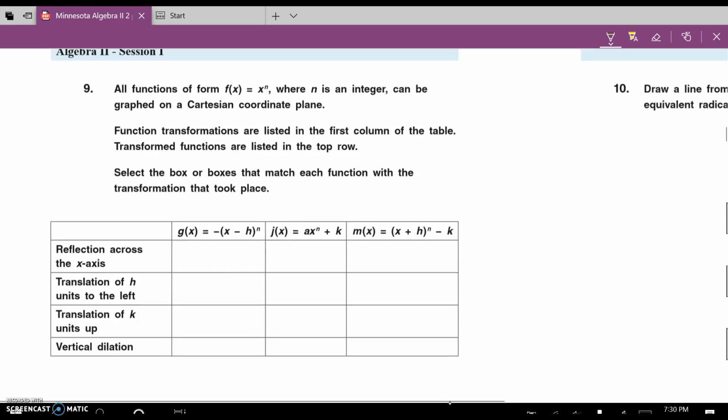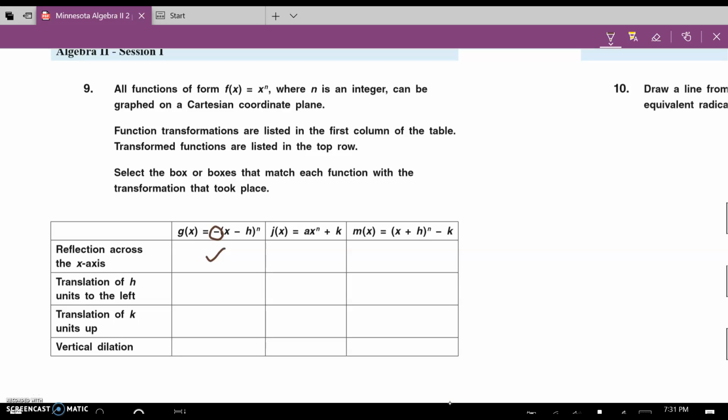All right, number 9. It wants to know what transformations happen where. So reflection across the x-axis, we know a reflection happens when there is a negative in front. The next one wants to know when there is a translation h units to the left.